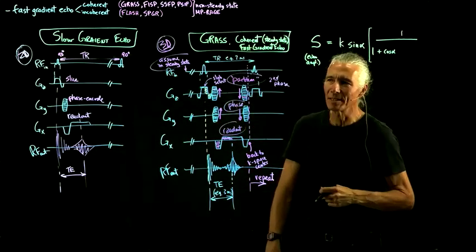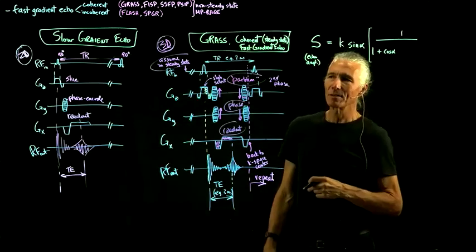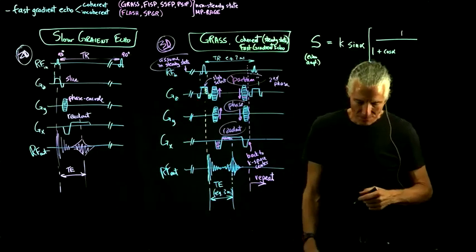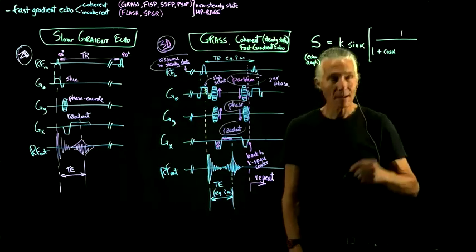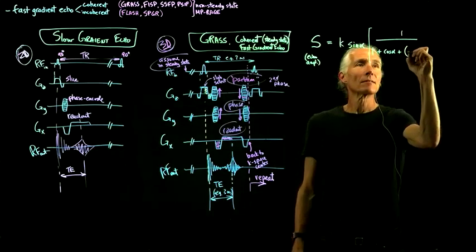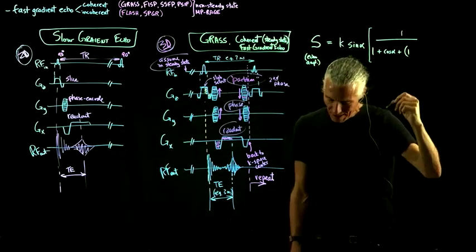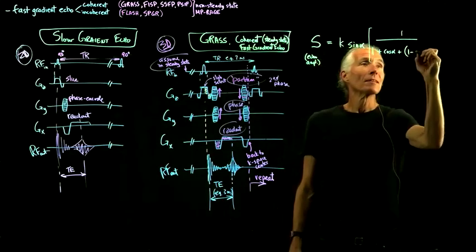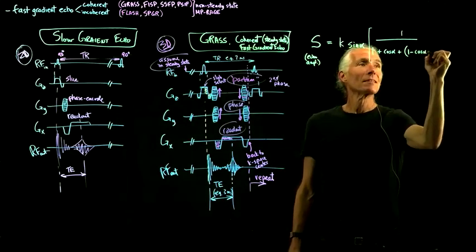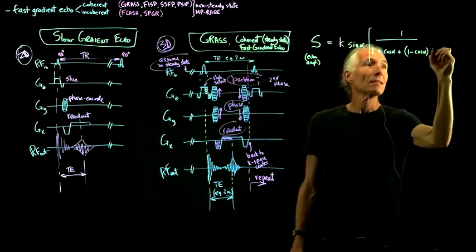you end up with T2 in there, not T2 star. So the equation is plus 1 minus cosine of alpha times T1 over T2.